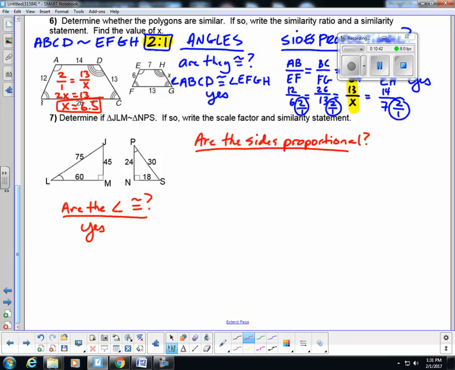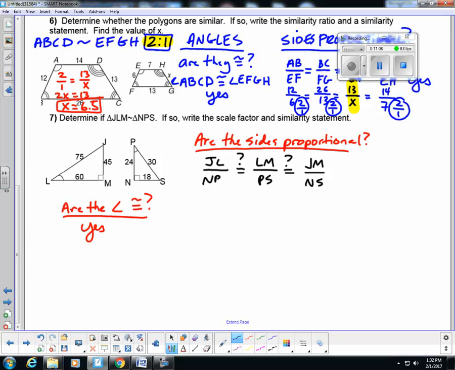So let's match up the sides. If I look at the similarity statement, JL matches up with NP, and then LM matches up with PS, and then JM matches up with NS. We're hoping that they're all equal, but we don't know.